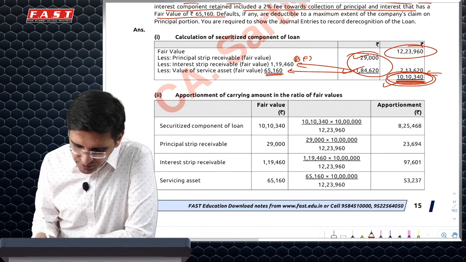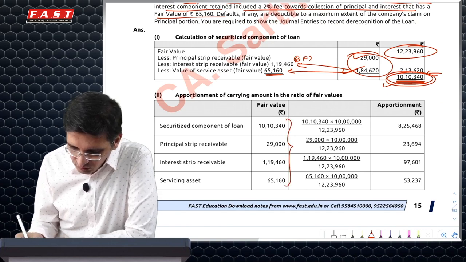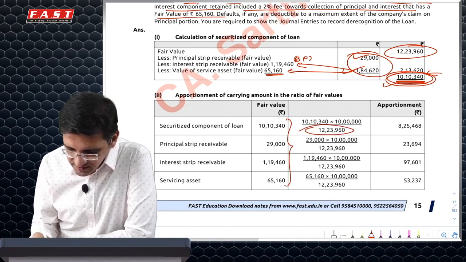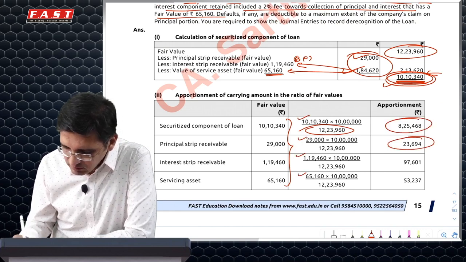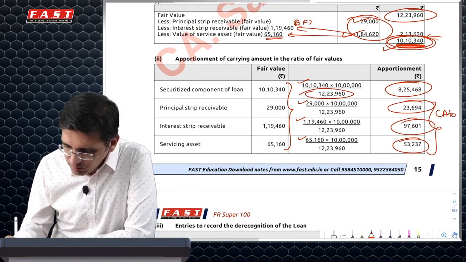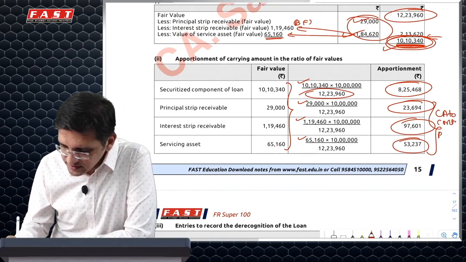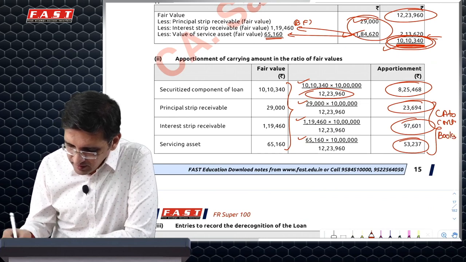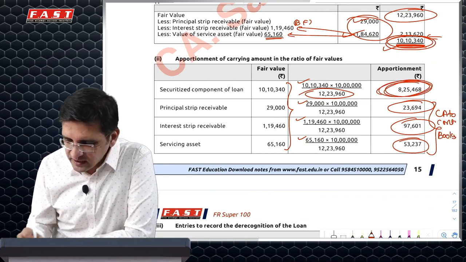So what you first do is split your whole fair value of 1223960 in proportion of the respective fair value of each component and calculate the carrying amount. These 3 carrying amounts continue in books because this is what you have retained. However, this is what you have transferred at 990.